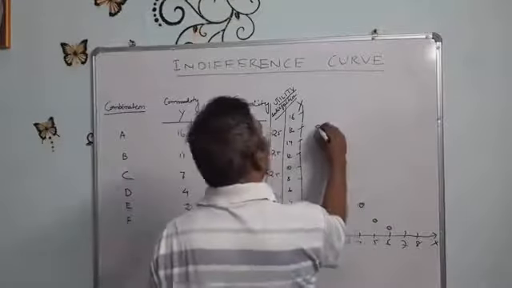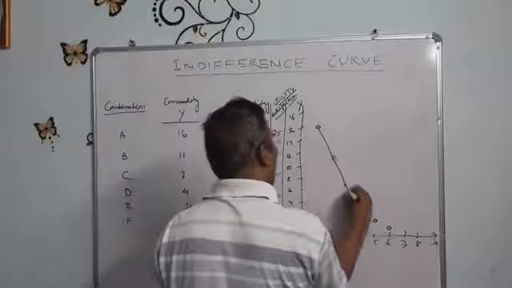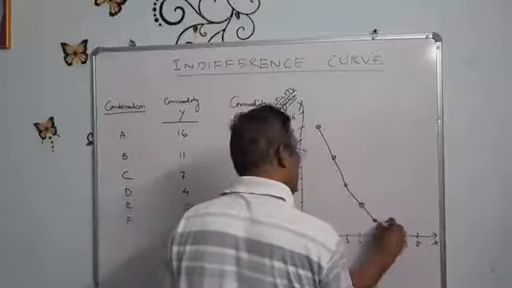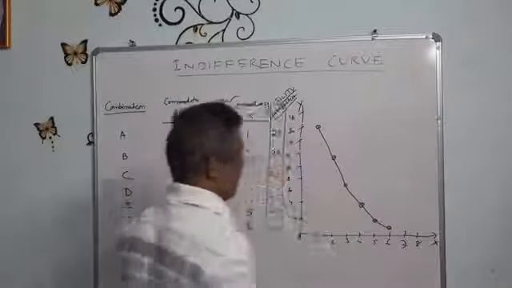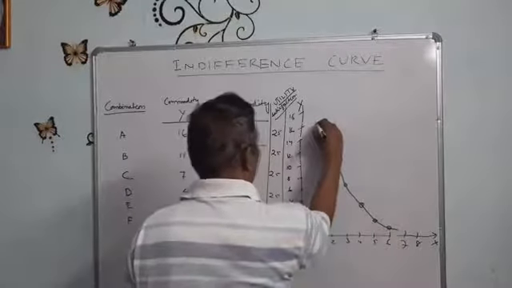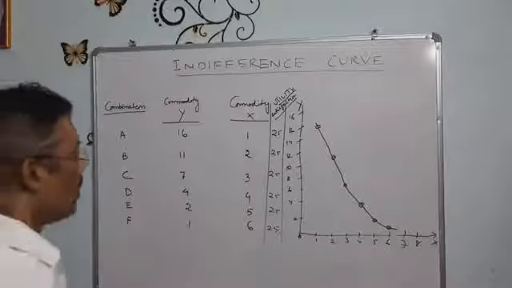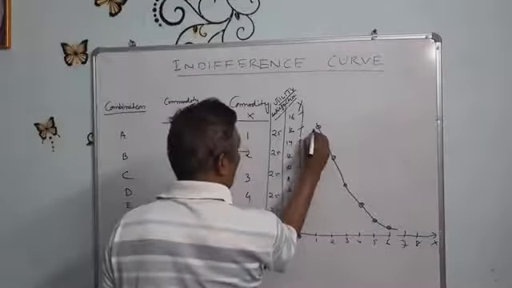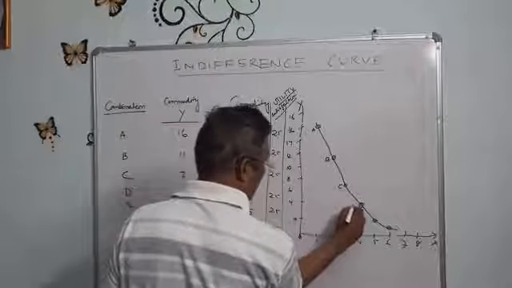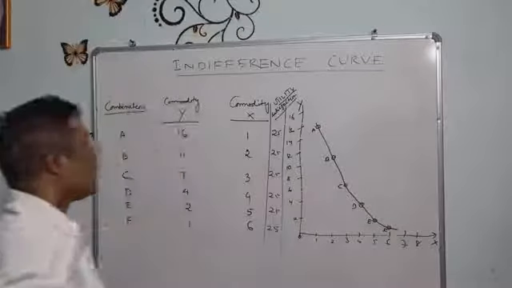Now we'll join all these points: A combination point, B, C, D, E, F combination points.